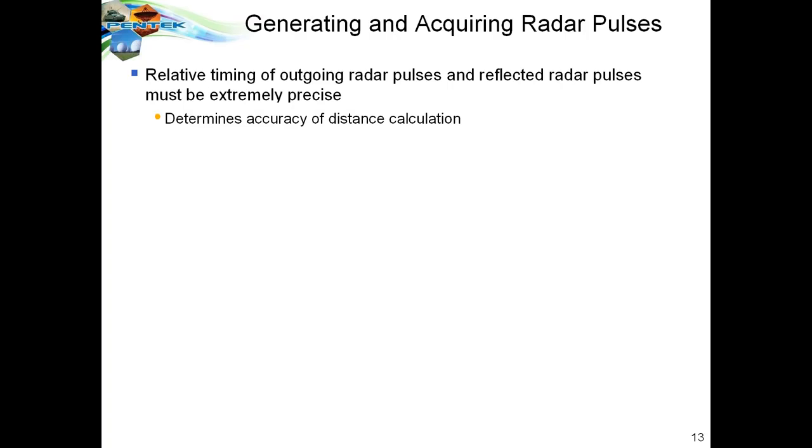Let's take a closer look at how you generate and acquire radar pulses and then what you do with them. The relative timing of the outgoing pulses and the reflected radar pulses must be extremely precise. Ultimately, this determines the accuracy of your distance calculation.